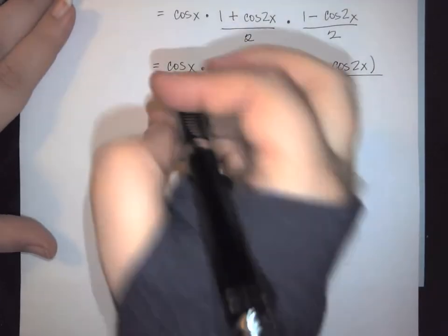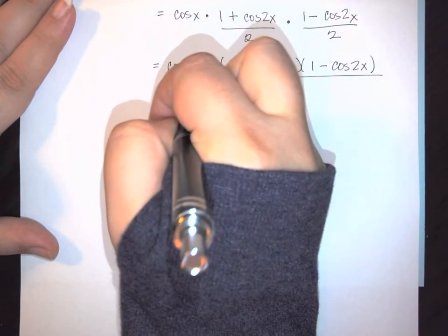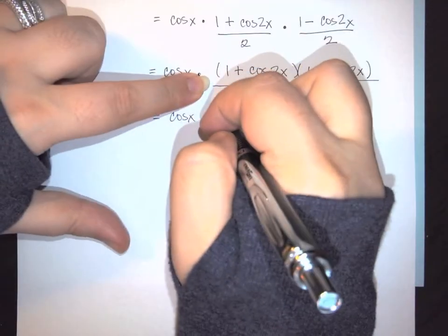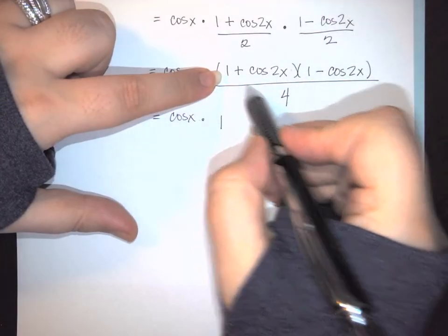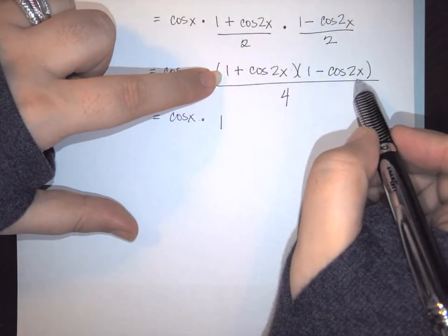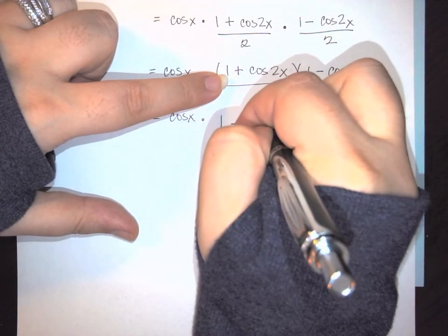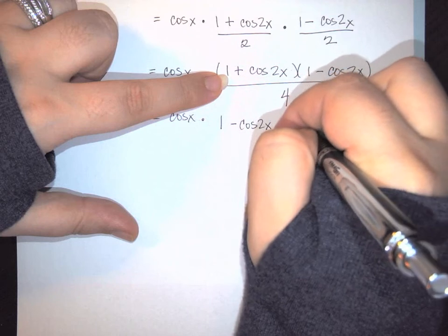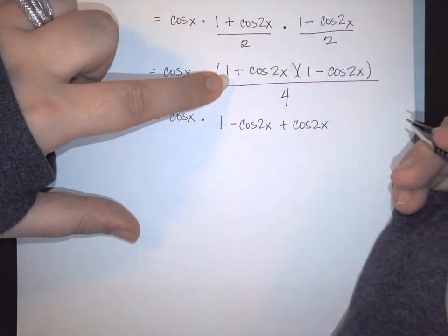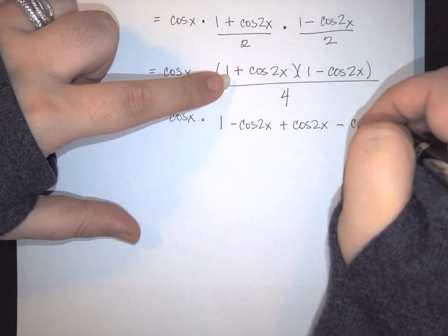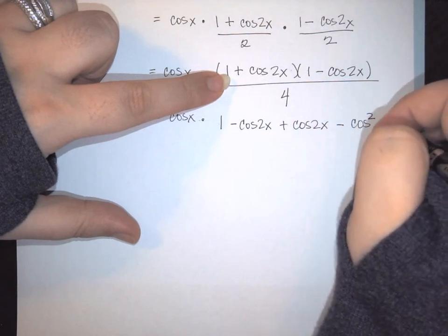So I have to FOIL, so this becomes the cosine of x times 1 times 1 gives you 1. And then I'm going to have minus cosine of 2x plus cosine of 2x. And then I'm going to have minus the cosine squared of 2x.